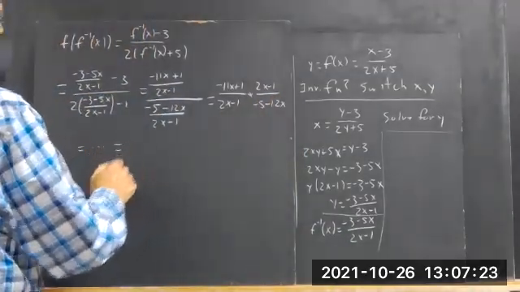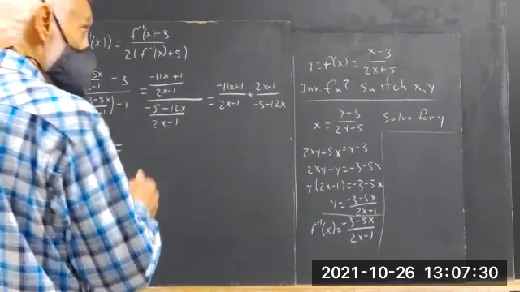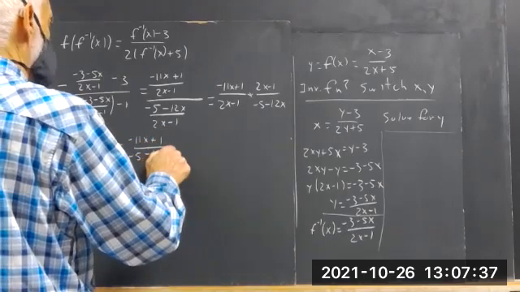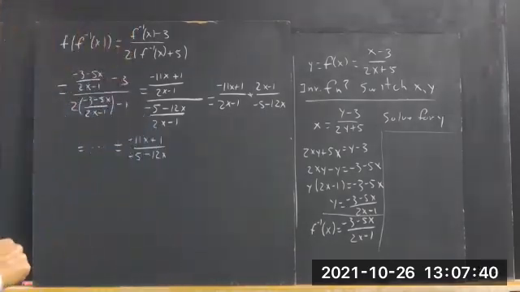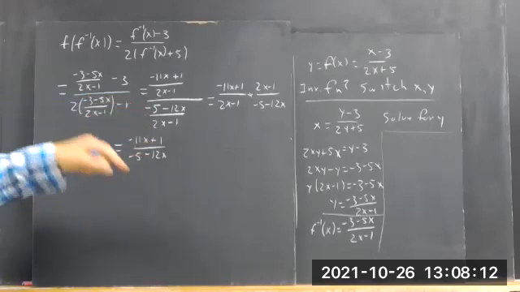This equals, after some steps that I've gone over in some detail, one I worked in class last time, and others that I've worked earlier in the semester, negative 11x plus 1 over negative 5 minus 12x.